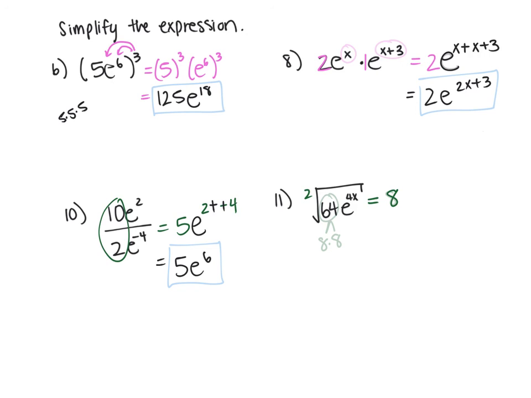And then this e has a 4x on it as an exponent. So when we have exponents in a root, we divide. So what is 4x divided by 2? Well, that really is a 2x. So this is really e to the 2x after you've taken the root. And then that's all you can do. So we're done. There's no negative exponents, so that's good. So we don't really need to simplify anything further.